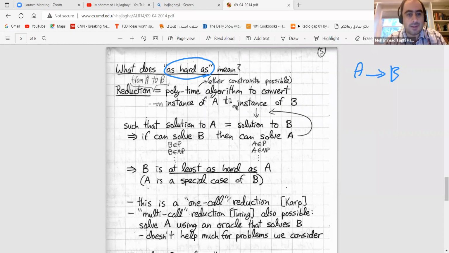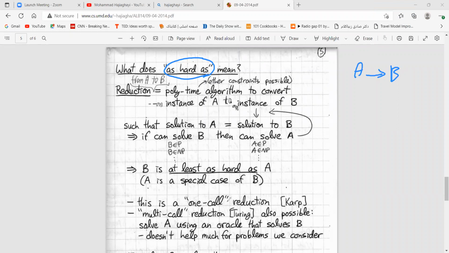So for example, we say that there is a reduction from satisfiability to OR problem. What's the meaning of that? It means that the OR problem can solve the satisfiability problem. So each instance of A can be solved.